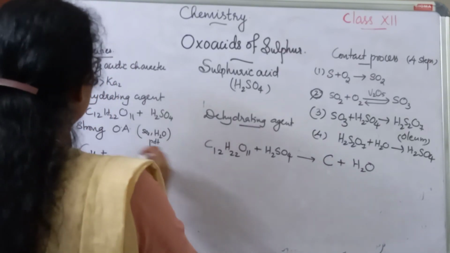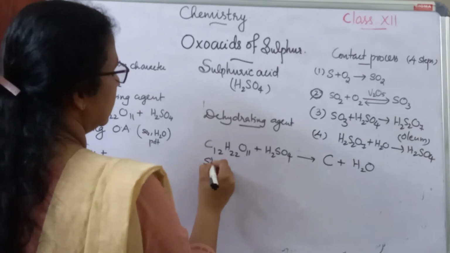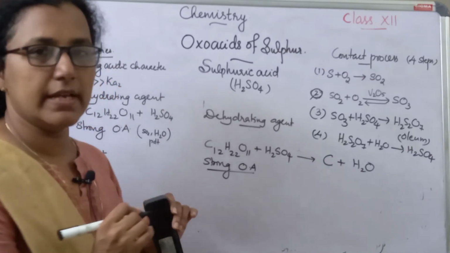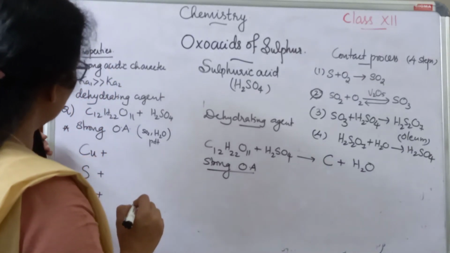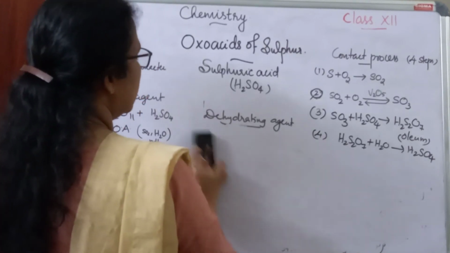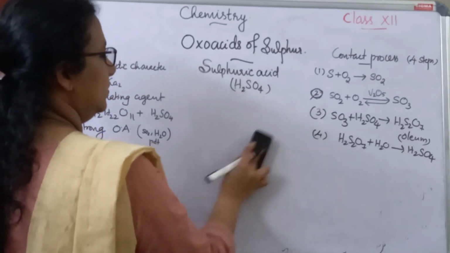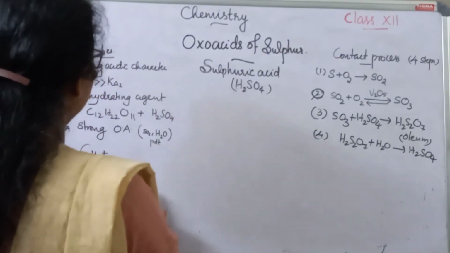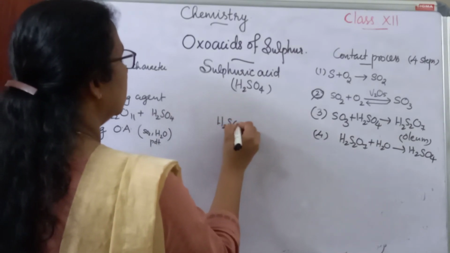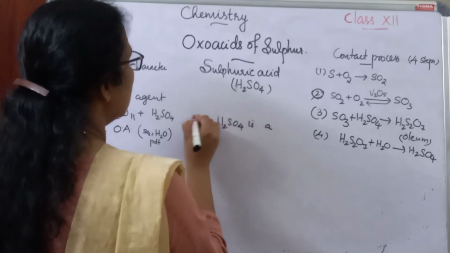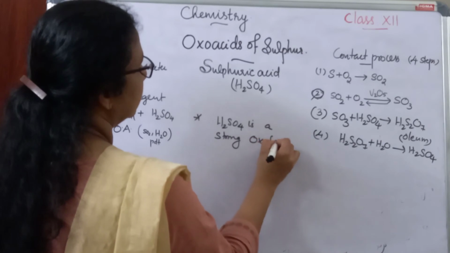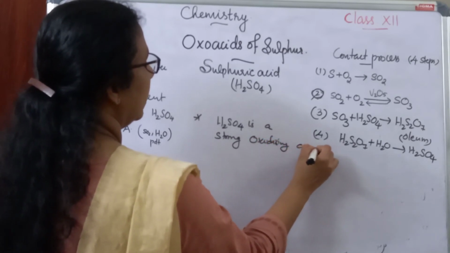Then another point is that it is a strong oxidizing agent. Here we can use three equations to explain the oxidation property. H2SO4 is a strong oxidizing agent.